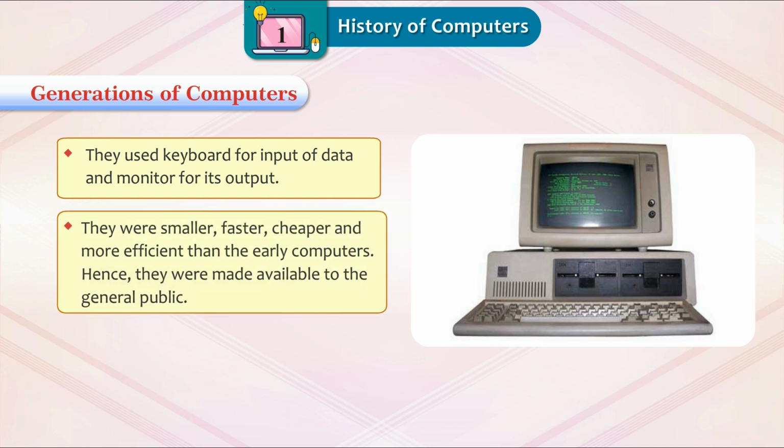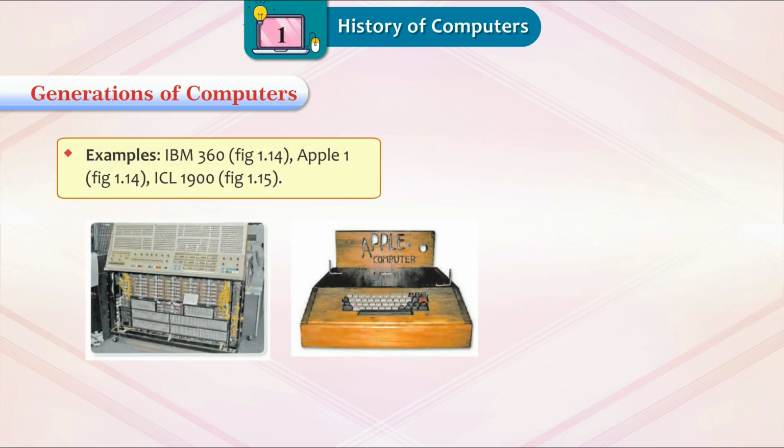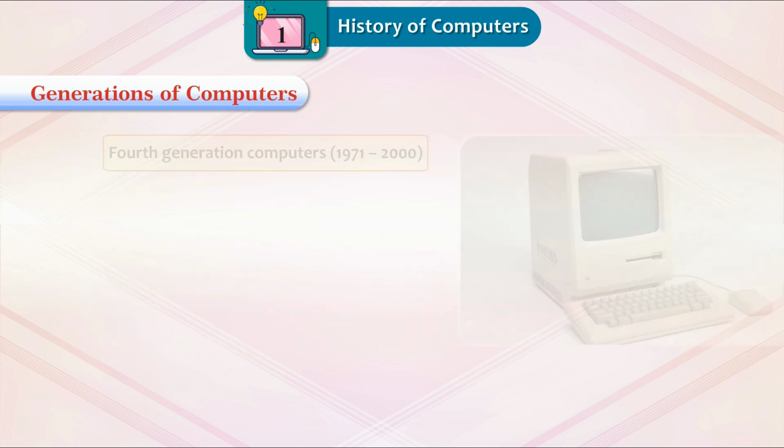They were smaller, faster, cheaper, and more efficient than the early computers. Hence, they were made available to the general public. Examples: IBM 360, refer to figure 1.14, Apple I, refer to figure 1.14, ICL 1900, refer to figure 1.15.